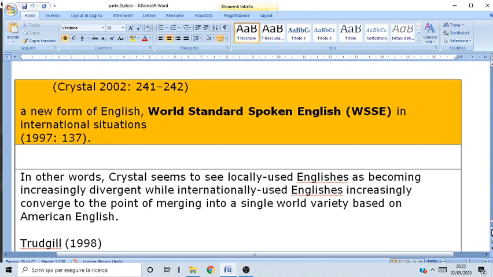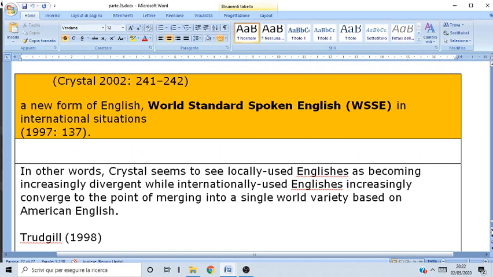And so Crystal prefers to use world standard spoken English, okay? And according to him, when English is used at an international level, it tends to converge towards American English because of the media, because of songs and other things.